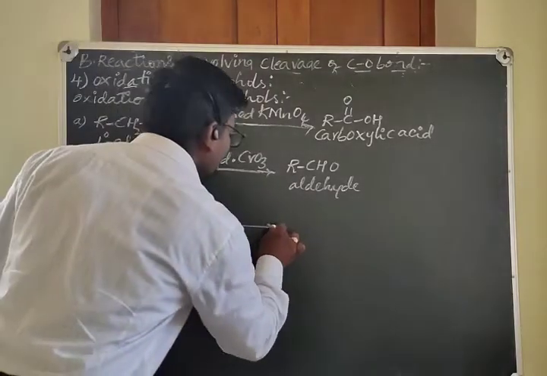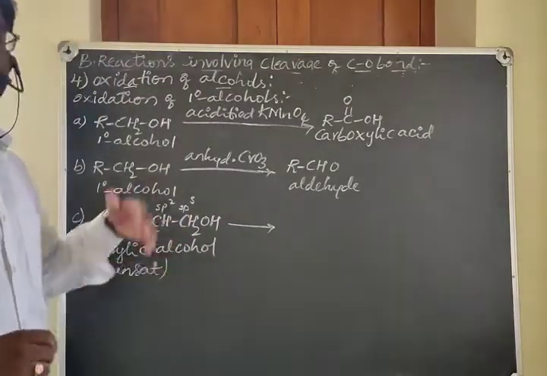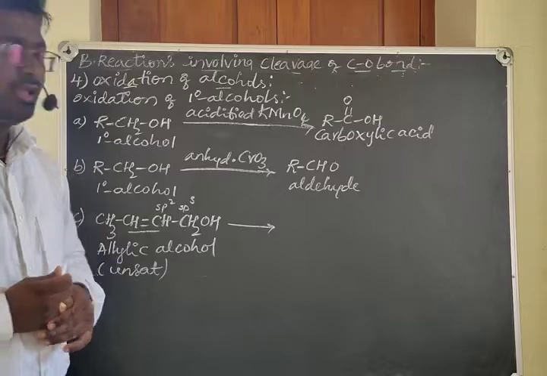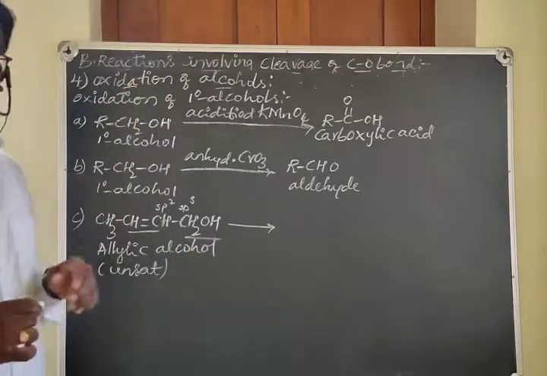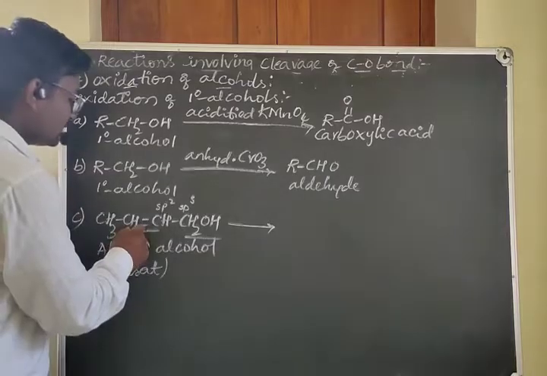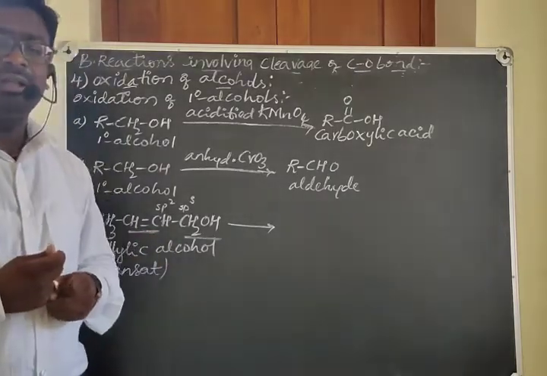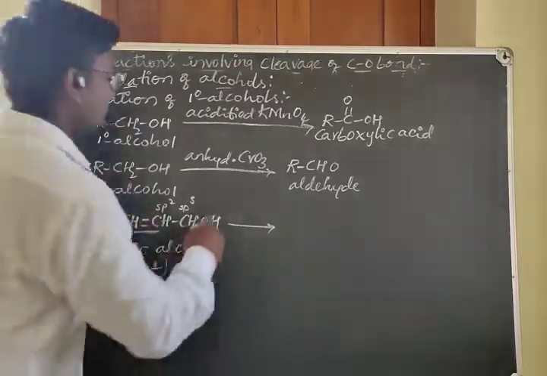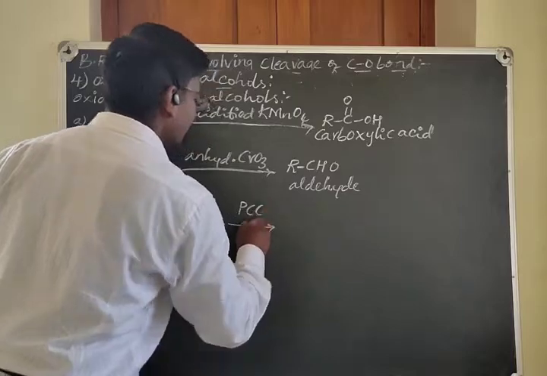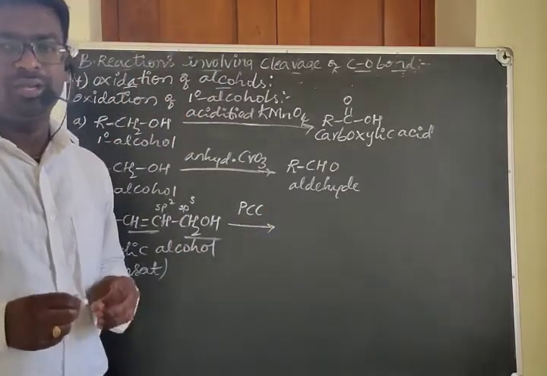When you want to convert this unsaturated alcohol to an unsaturated aldehyde, means you want only this group to be oxidized and the unsaturation must not be disturbed, in that case the best suitable reagent is PCC. What is PCC? Pyridinium chlorochromate.